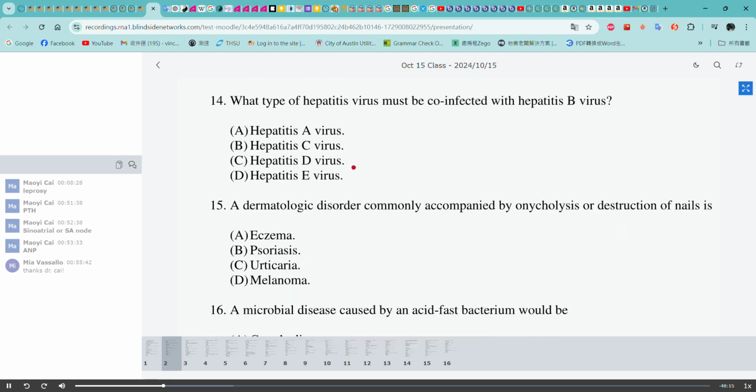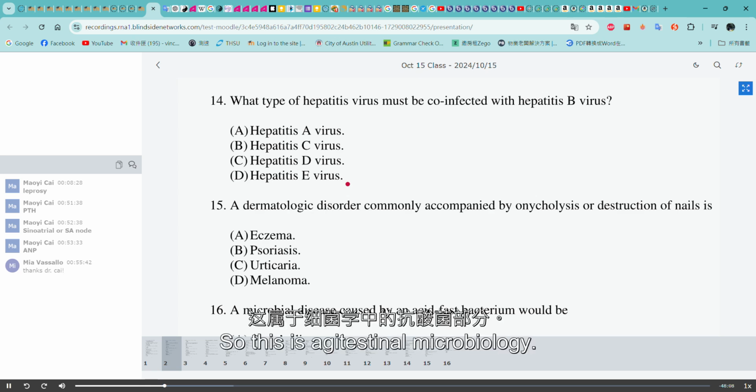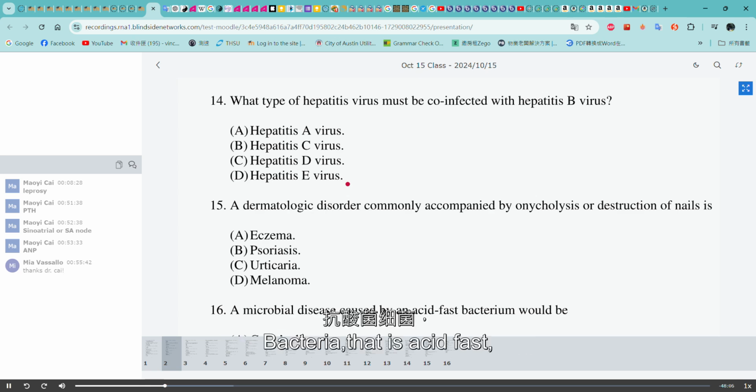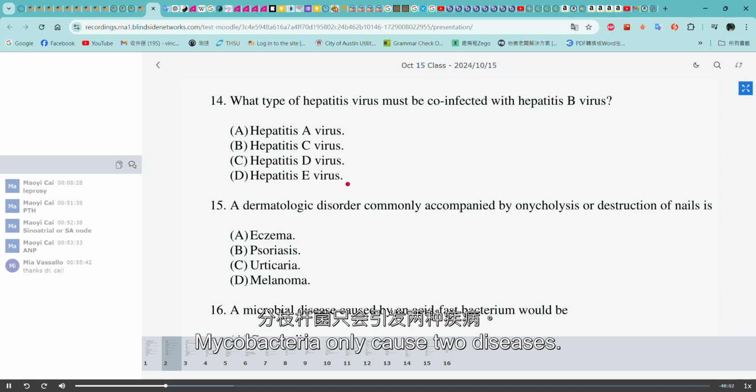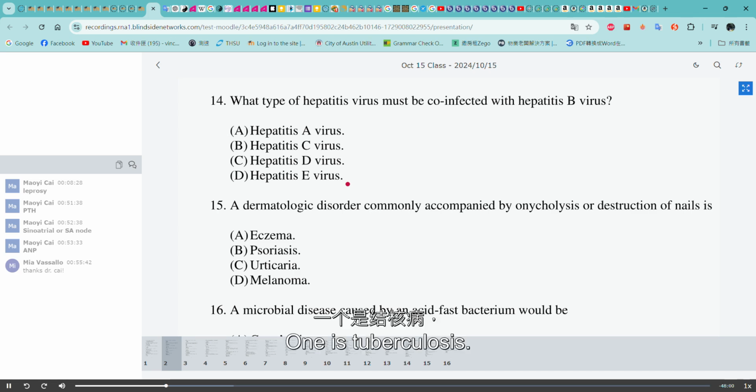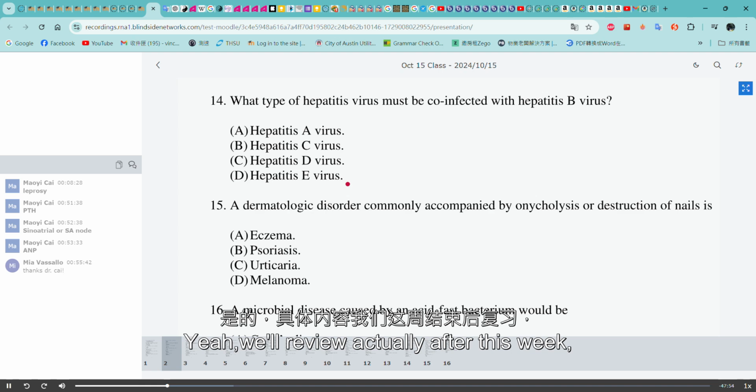Number 16, microbial disease caused by acid-fast bacteria. So this actually tests your microbiology. Bacteria that is acid-fast is called mycobacteria. Mycobacteria only cause two diseases. One is tuberculosis, and the other one is what? Leprosy. Yeah, we'll review that after this week.